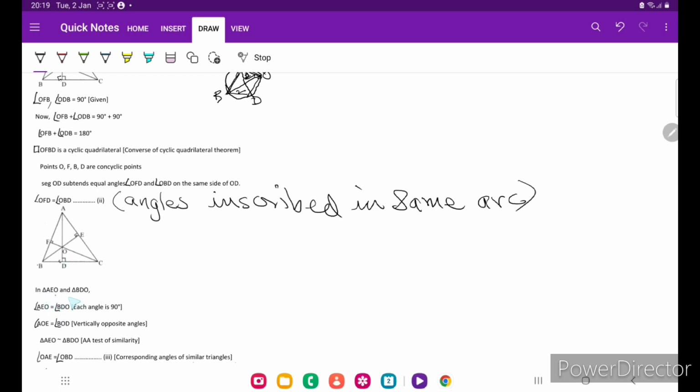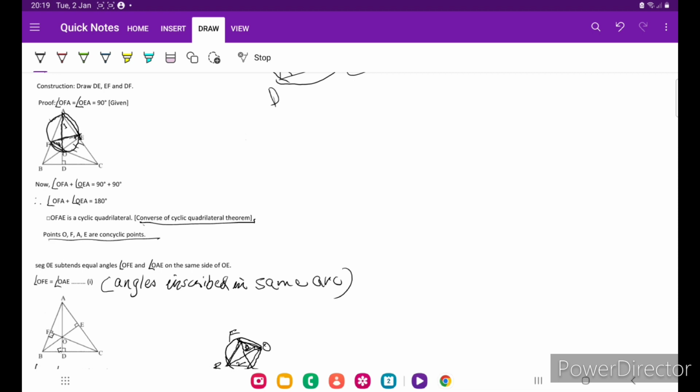So in triangle AEO and triangle BDO, angle AEO and angle BDO are both 90 degrees. Angle AOE and angle BOD are vertically opposite angles. Therefore, the two triangles are similar by the AA test. Therefore, angle OAE will be equal to OBD, the corresponding angle of similar triangles.